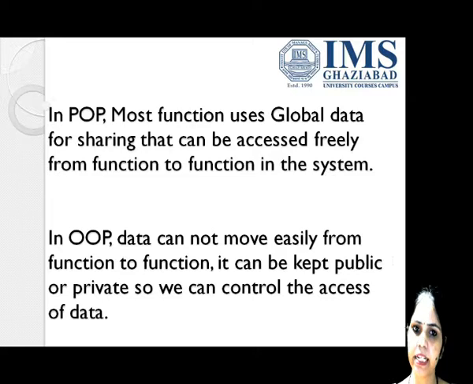That means anybody can misuse or wrongly use that particular data. Whereas in OOP, we have bound the data into a class and it cannot move easily. Moreover, we have kept the data in OOP either in the public section or in the private section. Once the data is kept in the private section, we have full control over the access of the data.